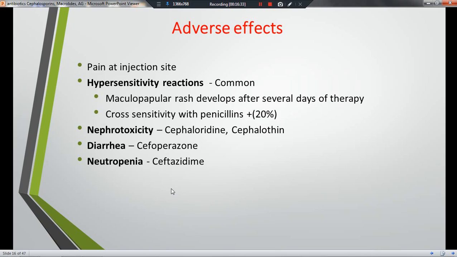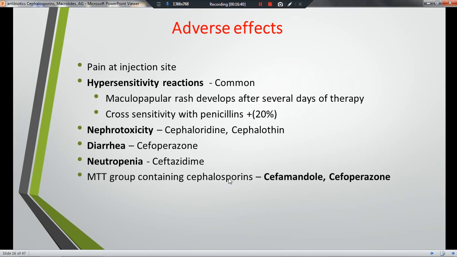Ceftazidime, which is an anti-pseudomonal cephalosporin, is shown to have decreased neutrophil count. And certain cephalosporins, need not remember the examples, just for your understanding I've put it. They have got a group in them known as methyl thiotetrazole group, and these cephalosporins exhibit disulfiram like reaction with alcohol.